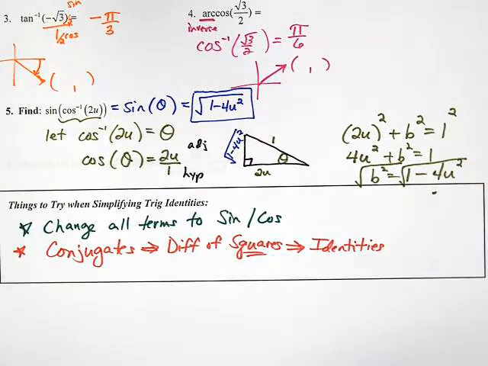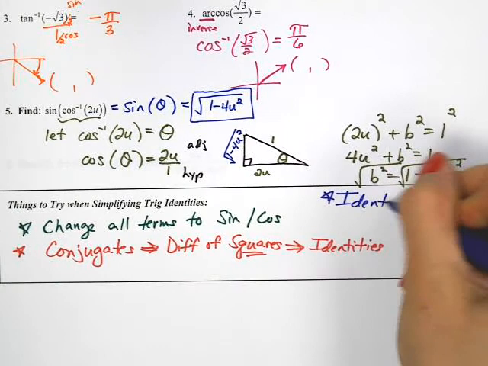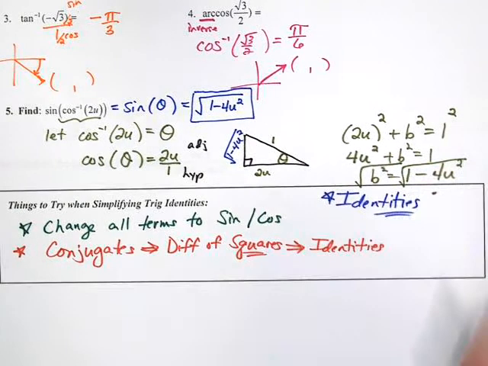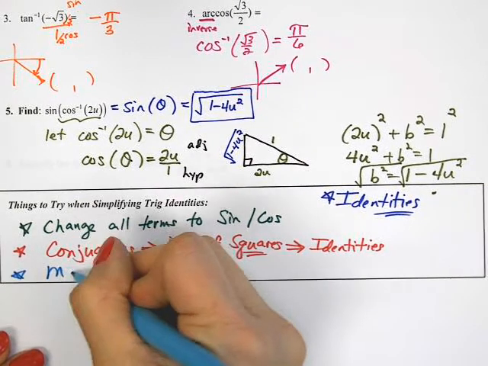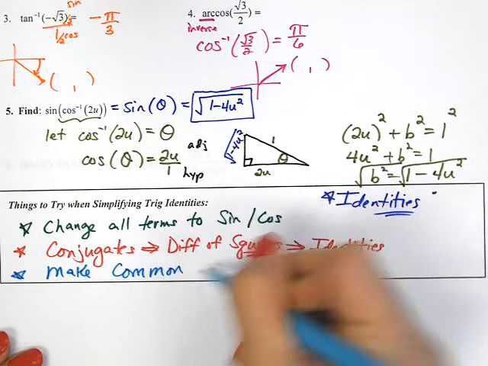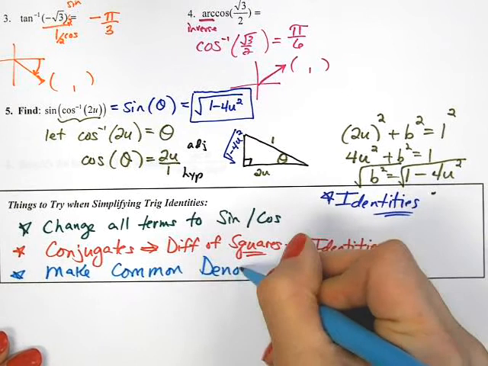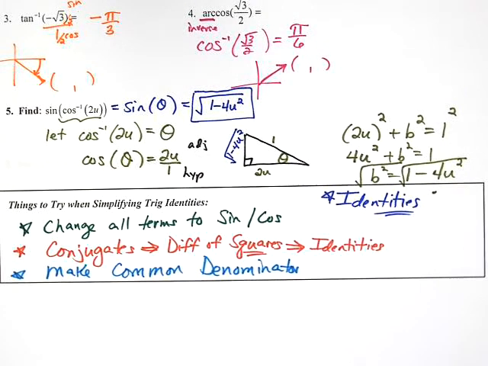So let's just go ahead and write down identities. If you ever see anything squared, think of the identities. What are some other things? How about make a common denominator? Making a common denominator would be a good thing to try if you see some fractions.